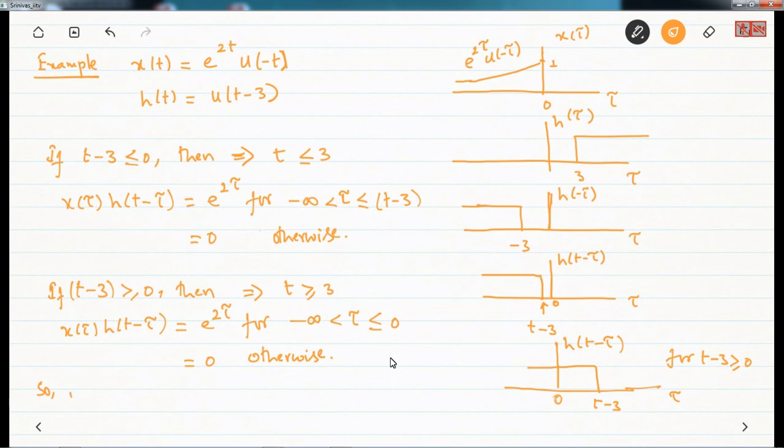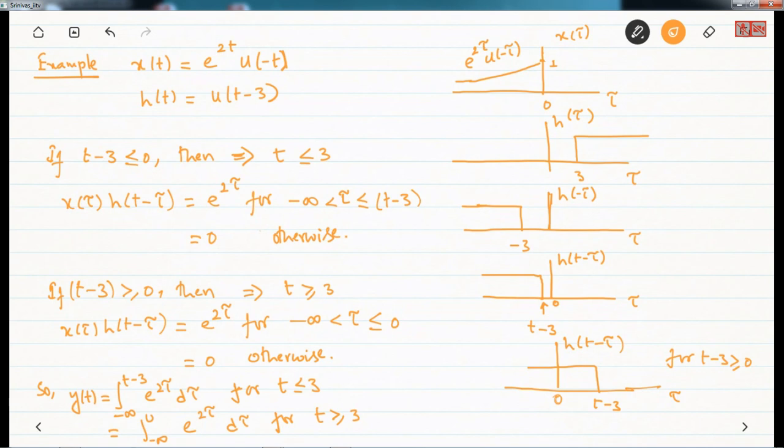So, y of t equals the integral from minus infinity to t minus 3 of e power 2 tau d tau for t less than or equal to 3, and this is equal to the integral from minus infinity to 0 of e power 2 tau d tau for t greater than or equal to 3.